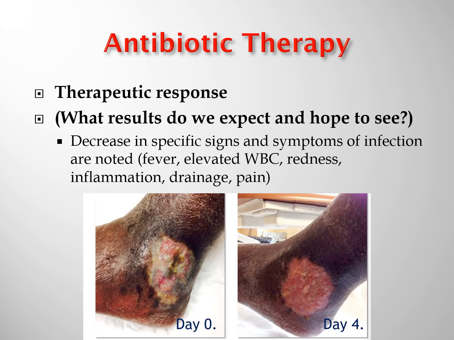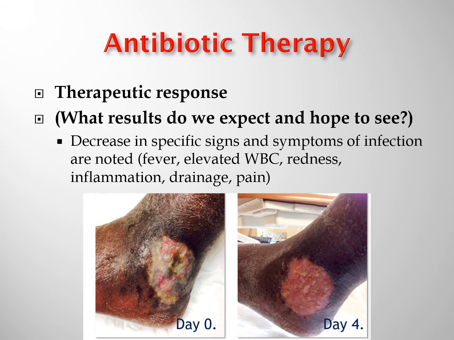So we're looking for a reduction in the signs and symptoms of infection, and also the systemic signs of infection, such as fever, chills, aches, rigors, which is the shakes, and potentially, if we do a blood test, we're looking for an improvement in the white blood cell count.